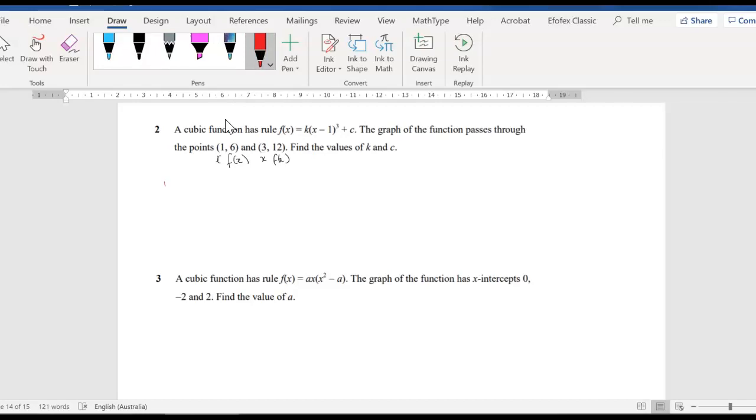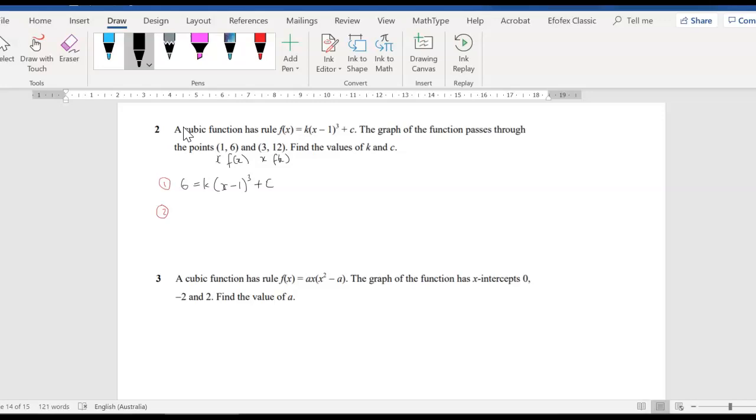All right, so let's do equation 1. I'm going to substitute in the point 1, 6. So we're going to have 6 equals k times x minus 1 cubed plus c. We don't really need to tidy that up just yet. Let's just wait until we can see both equations to decide how we're going to solve them.